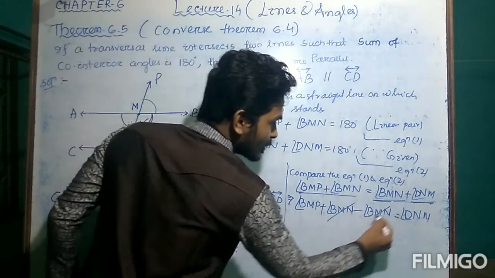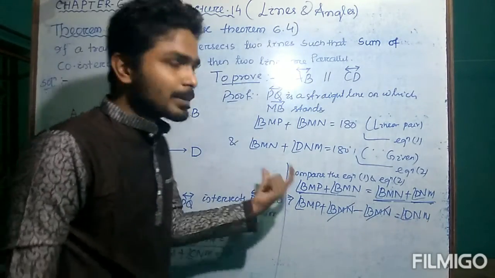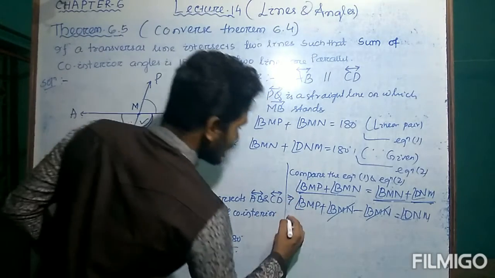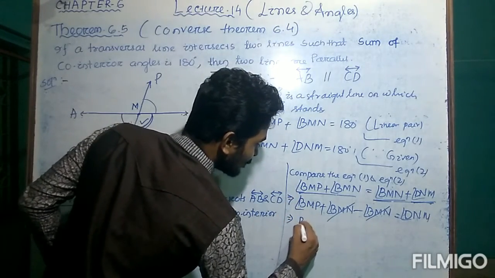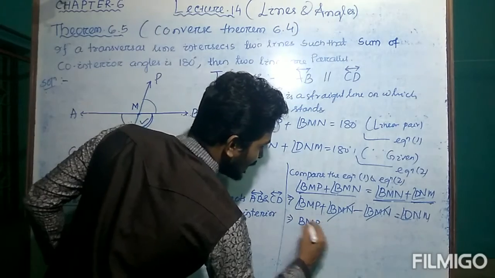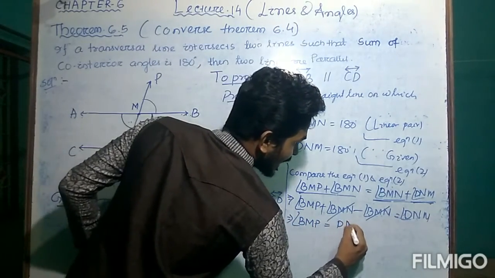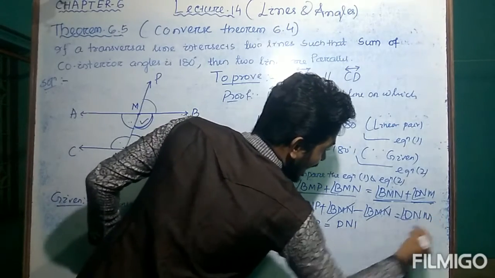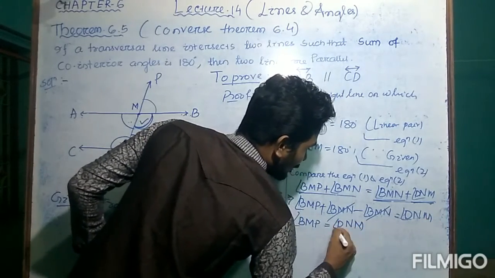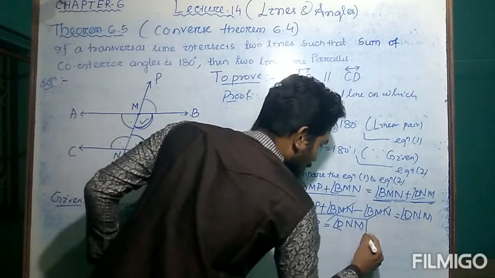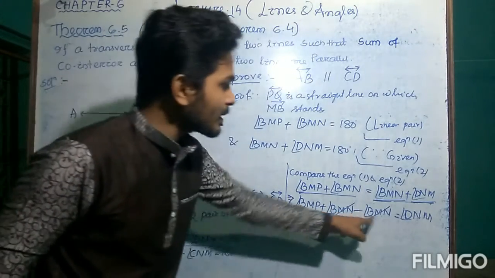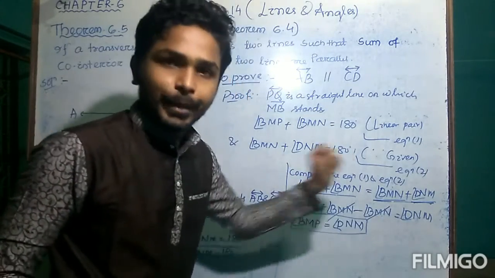Now these two are equal, so they can be cancelled out. Just like x minus x is 0. So finally we get BMP is equal to DNM. This is the final result that we get after cancelling the two terms BMN and BMN.